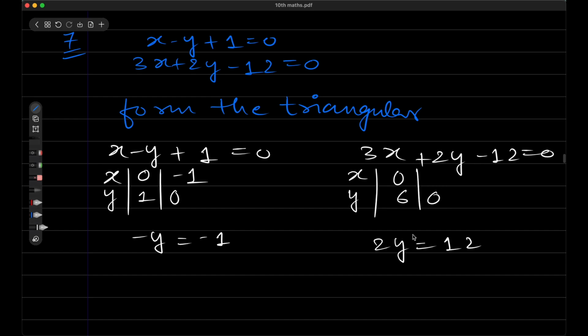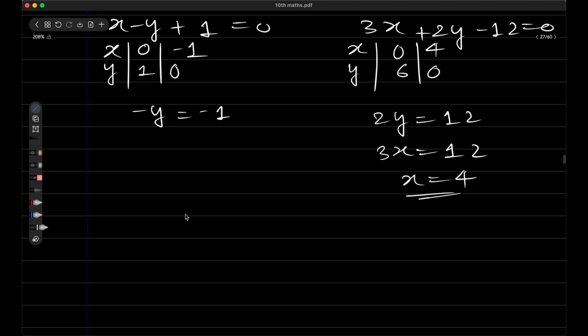And if we put y equals 0, we get 3x equals 12, that is x equals 4. Now we got the coordinates for the first and the second line. For the first line, x is 0, y is 1, and x is minus 1, y is 0. For the second line, x is 0, y is 6 and x is 4, y is 0.